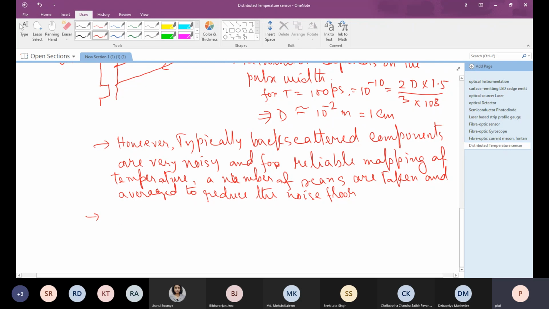Now, the range depends on that 1 millisecond or whatever it be. If it is 1 millisecond, the range of measurement depends on the pulse repetition rate.